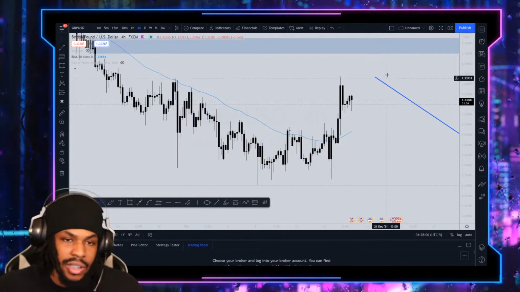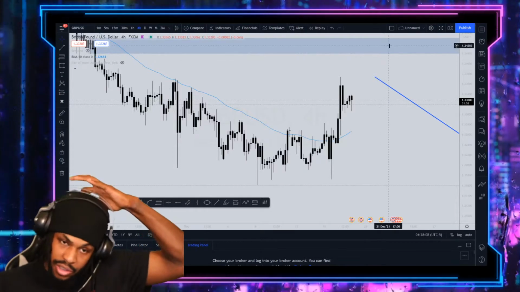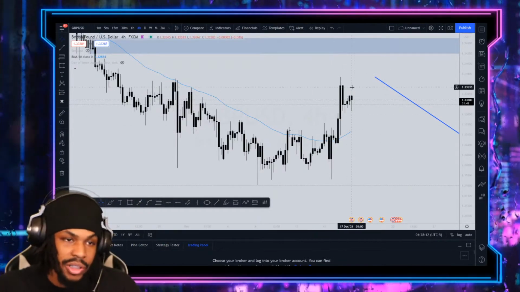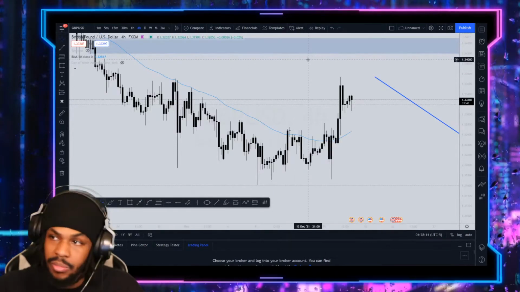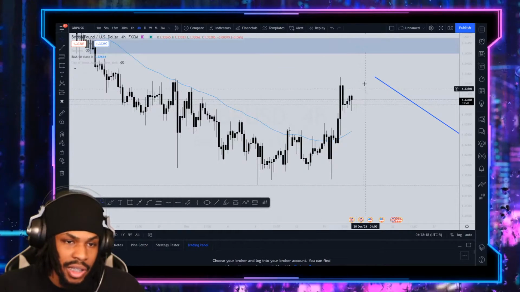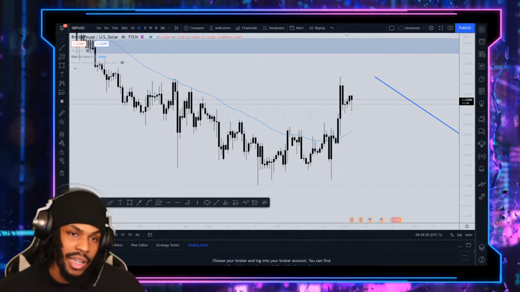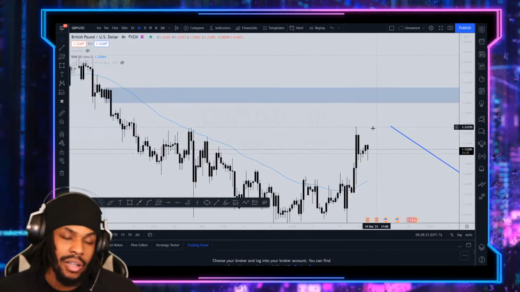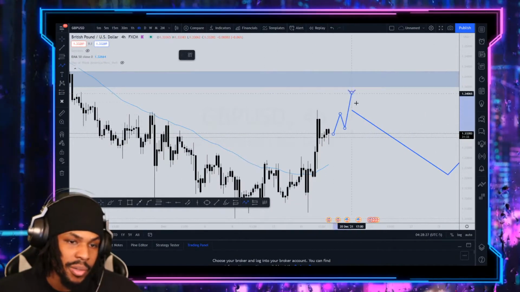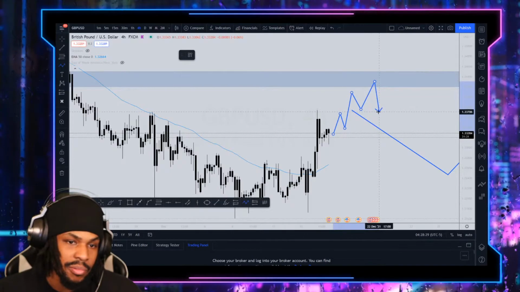And then if it looks like it wants to fall before we hit the zone, then sure. But I'm more so bullish at this point. If price is looking bullish and I have an order block above, or a supply zone up top, then I'm bullish until we get to that area. But I gotta also still respect what price wants to do. So let's say we work our way up in here, and then it looks like it wants to push down.